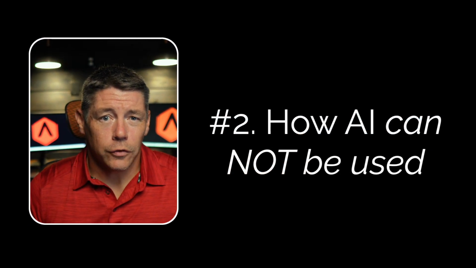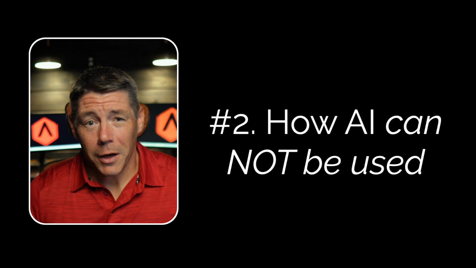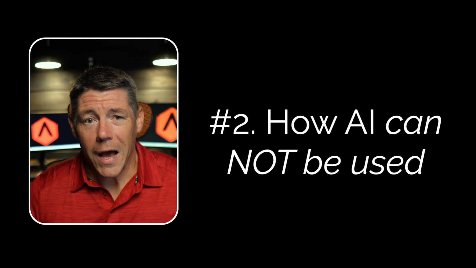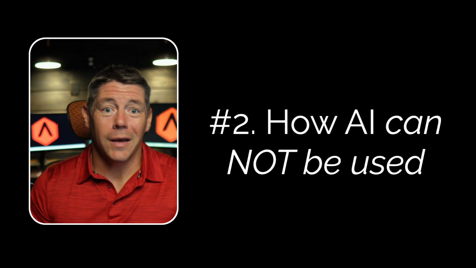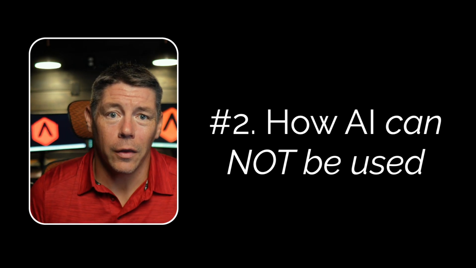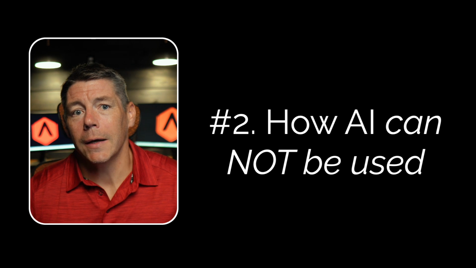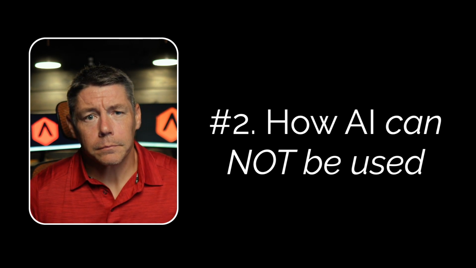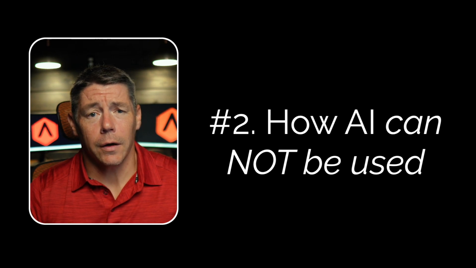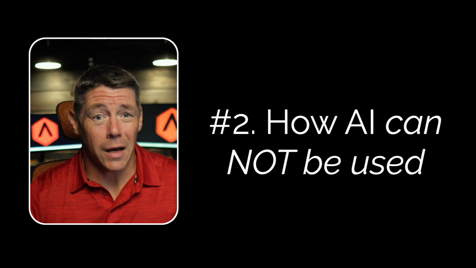Number two, finally, we'll transition into how AI cannot be used. I'm not going to go into detail on all the thou-shall-not rules that you may want to have in this section of your policy, but this is your opportunity to tell them how not to use AI. Some companies are forming an AI governance committee, and out of there come some principles of AI use.